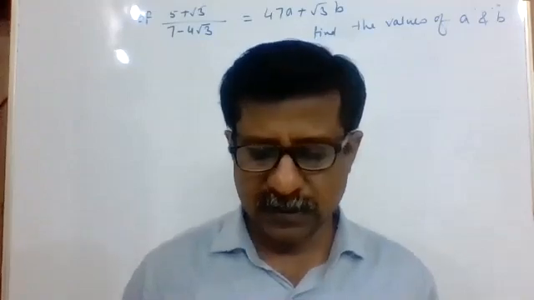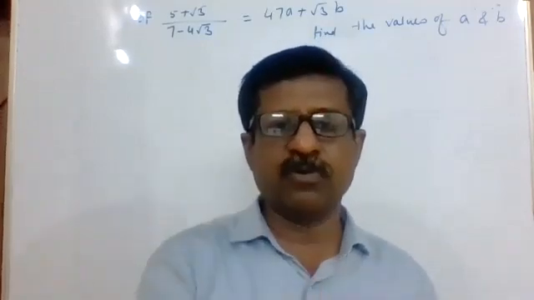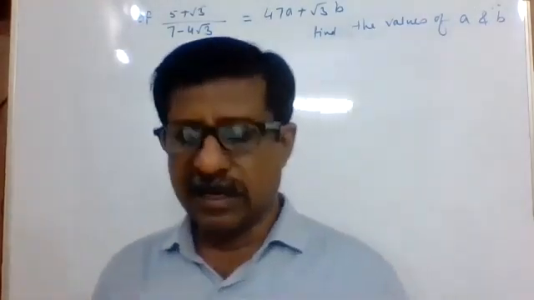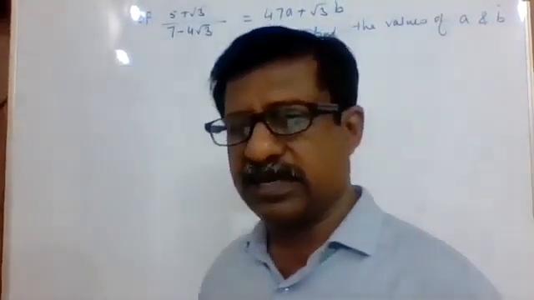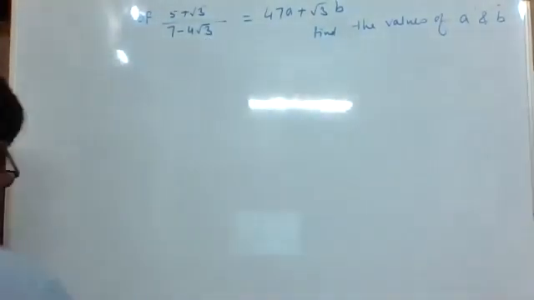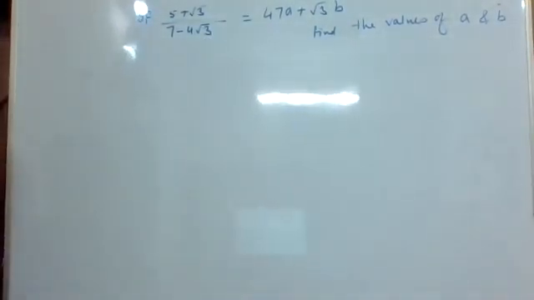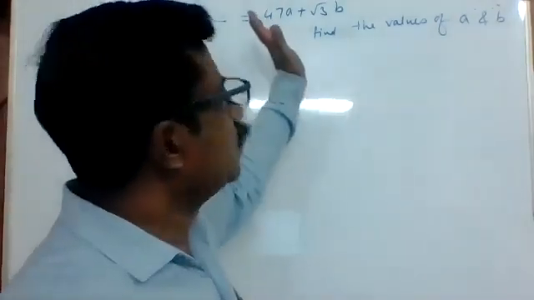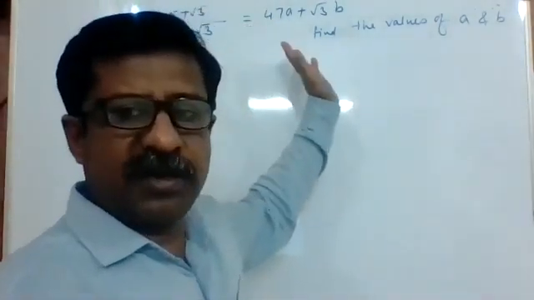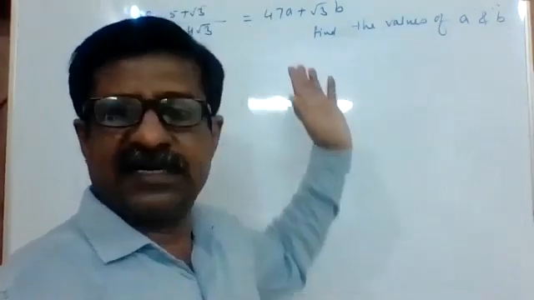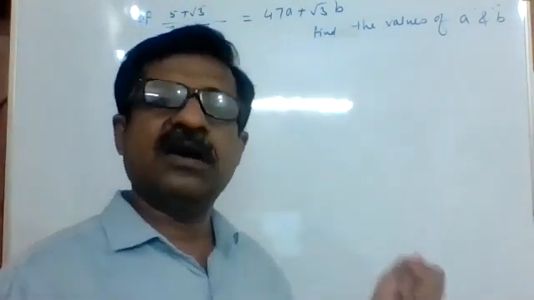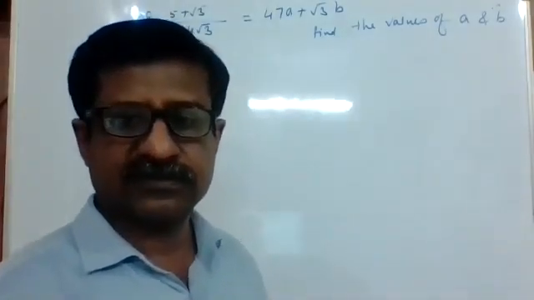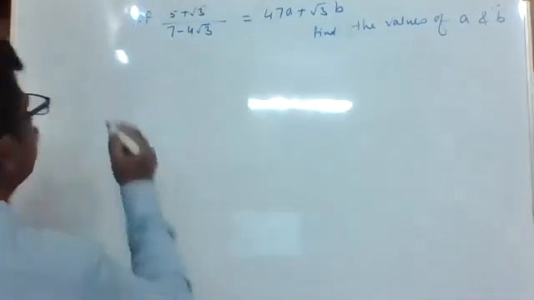Because if you are comparing both sides, whatever you got on the left hand side, in the same way it should be on the right hand side. Therefore, we convert the denominator of the left hand side to rational, and we will compare it with the right hand side. Clear? Now how to do that?